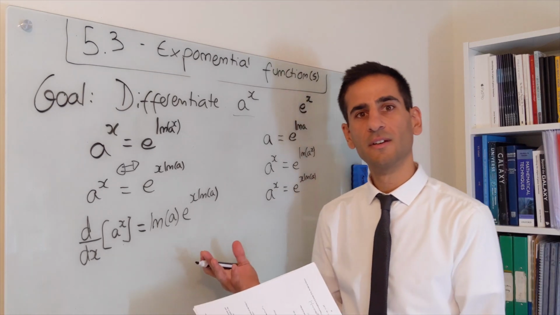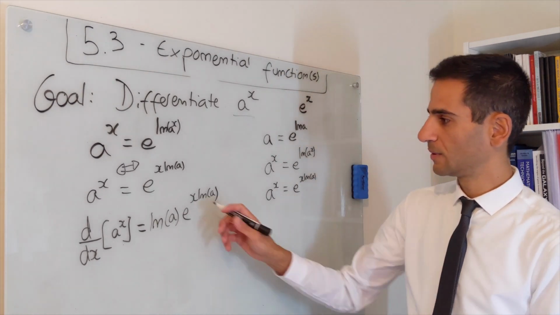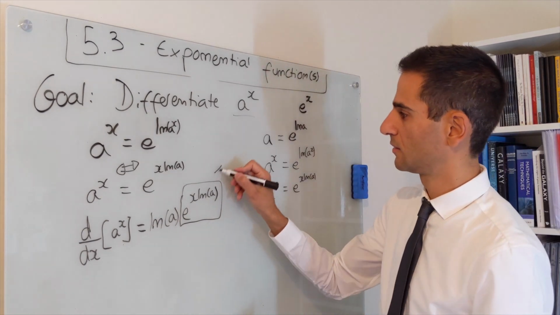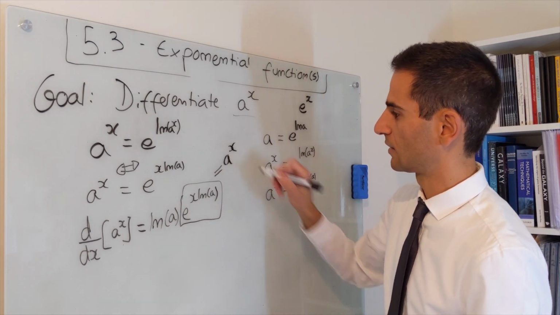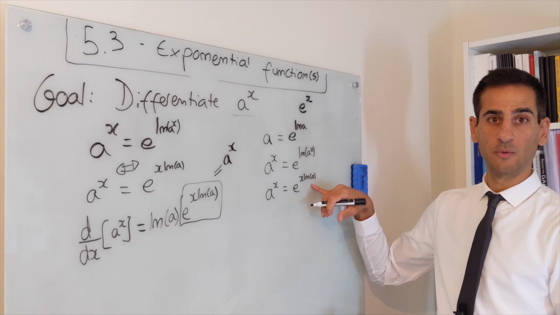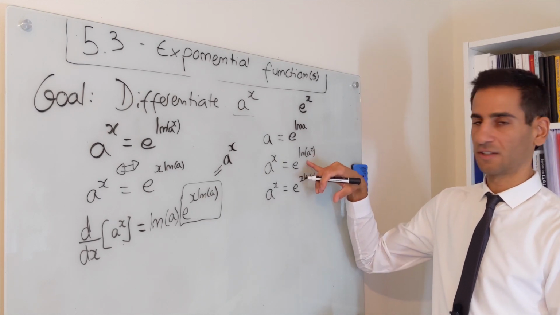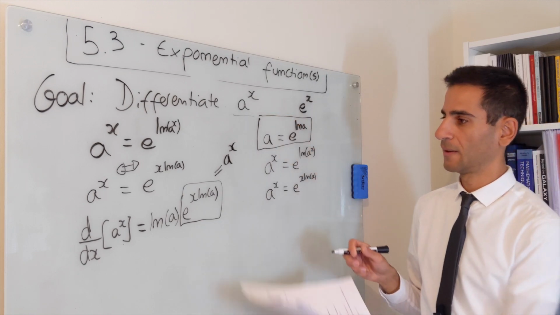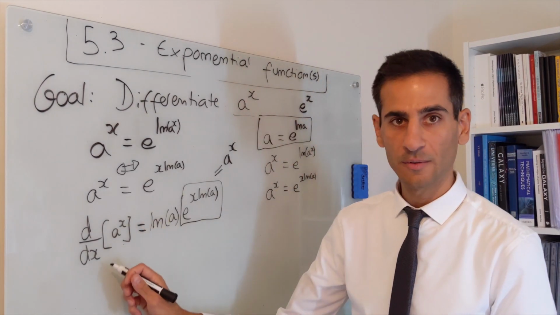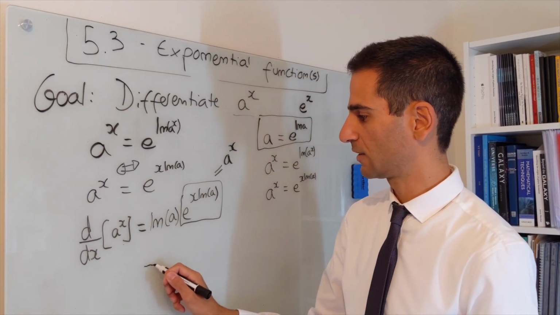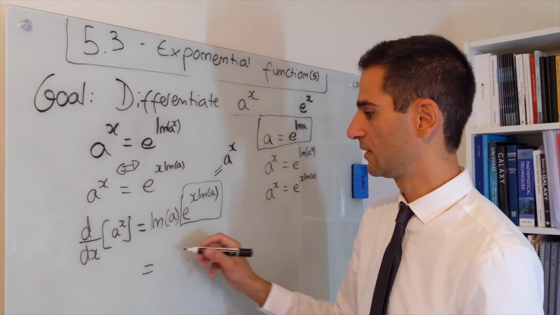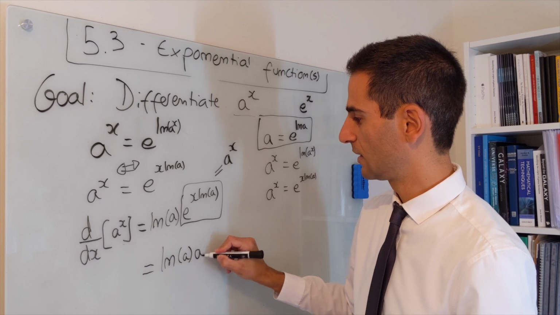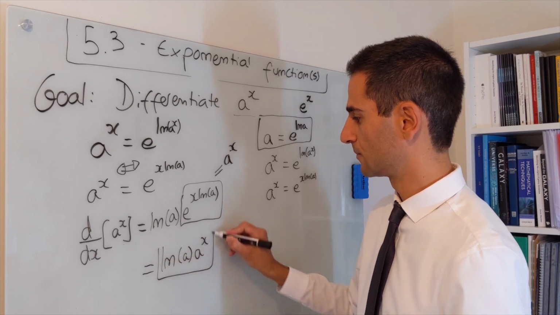This makes it very simple because this is our original a to the power of x. We actually got it from here using this simple property, which means that the derivative of a^x in general for any base is given by ln a times the original function.